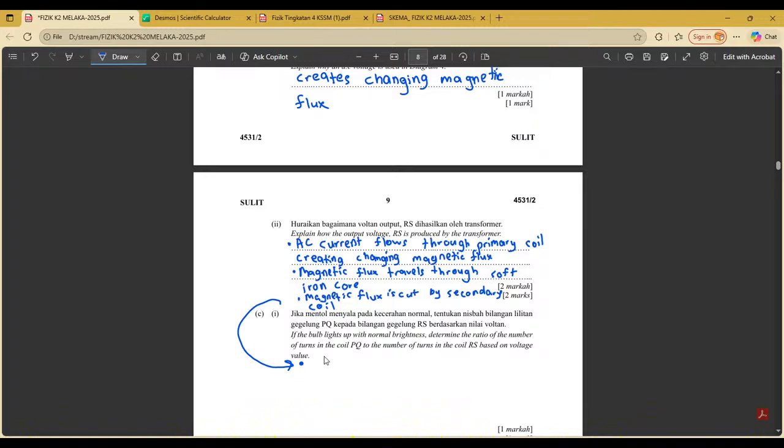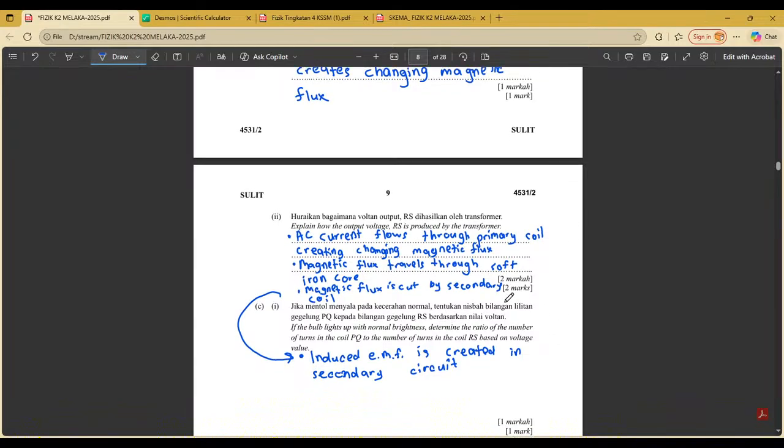Magnetic flux is cut by the secondary coil. Induced electromotive force is created in the secondary circuit. This is quite long, but just to be safe.